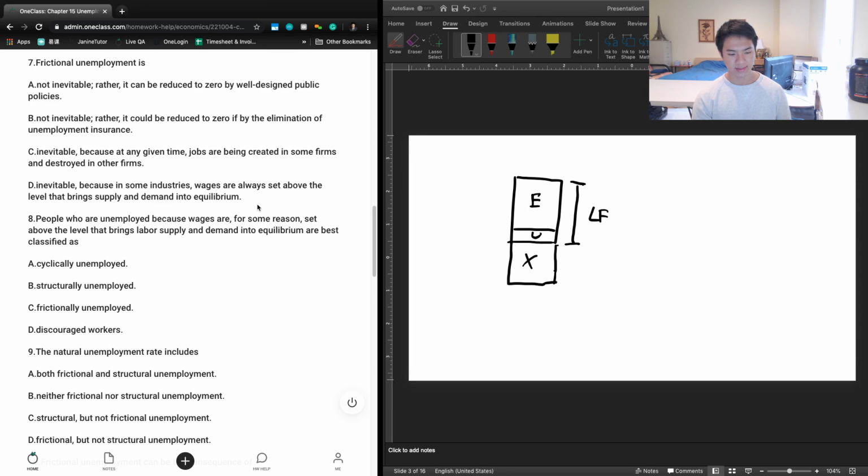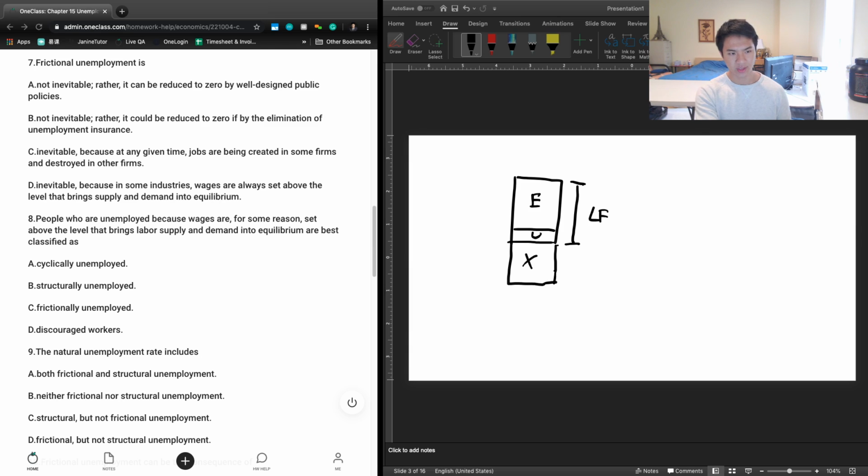And in that sense, it's going to be more so the case for structural unemployment in that setting. And so, we're not going to consider that to be the answer here for number 7 for frictional unemployment.